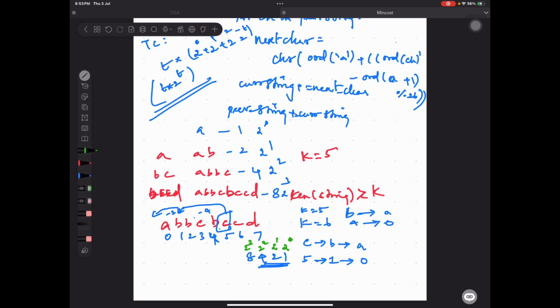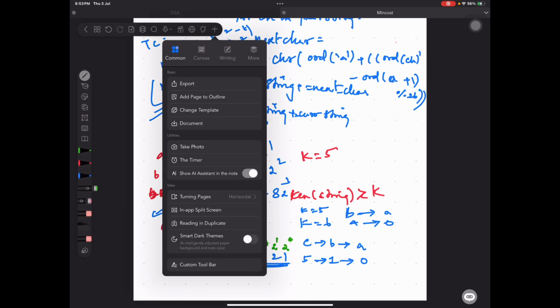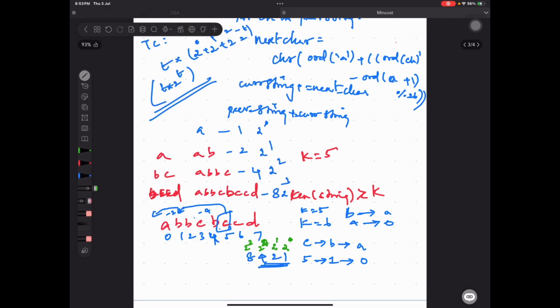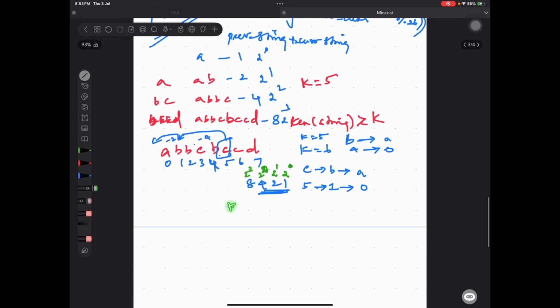So if you take whatever the k value, for example here let's assume they have asked you k equals to 5. So for k equals to 5, what will be your bit length? It will be 1 0 1, right?